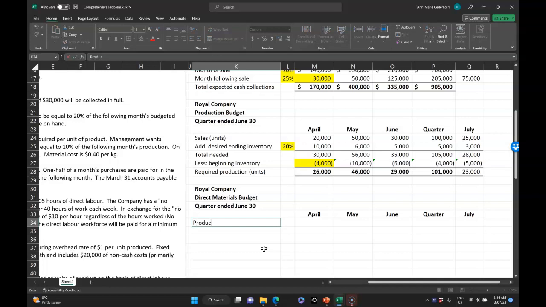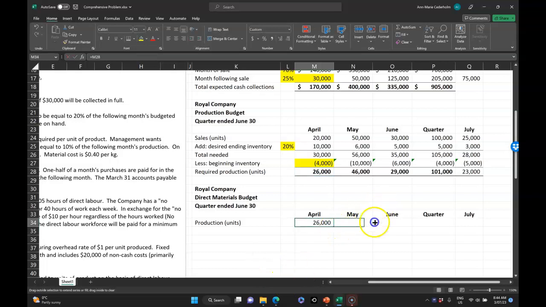So I'll start with my production in units. So all I need to do is just go up to my production budget and grab my required production. And now I need to see how much material I need in order to make 1 unit.